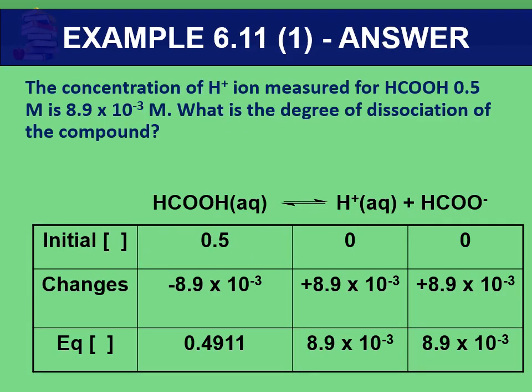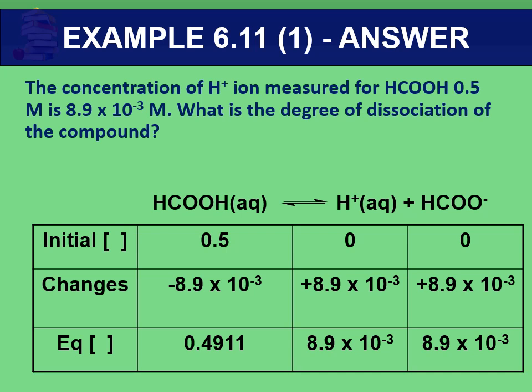The first step that we are going to do is write the balance equation on top, and then we are going to find the concentration for initial of methanoic acid, 0.5 molar. Given in the question is the concentration of H+.